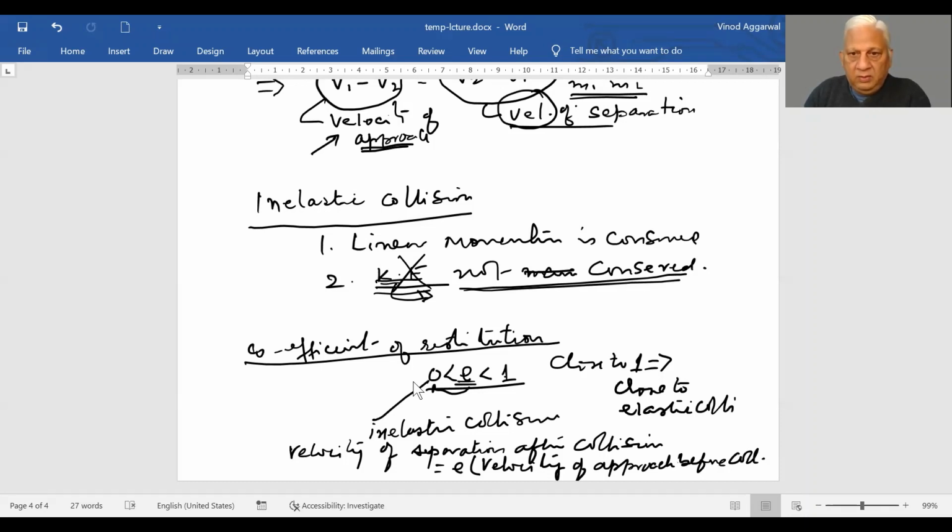Right? If E is 1, then velocity of separation becomes equal to velocity of approach, which is the case of perfectly elastic collision. As it keeps decreasing, it keeps moving toward more and more inelastic collision. But mathematically, E can be defined in terms of velocity of separation and approach like this. Okay.